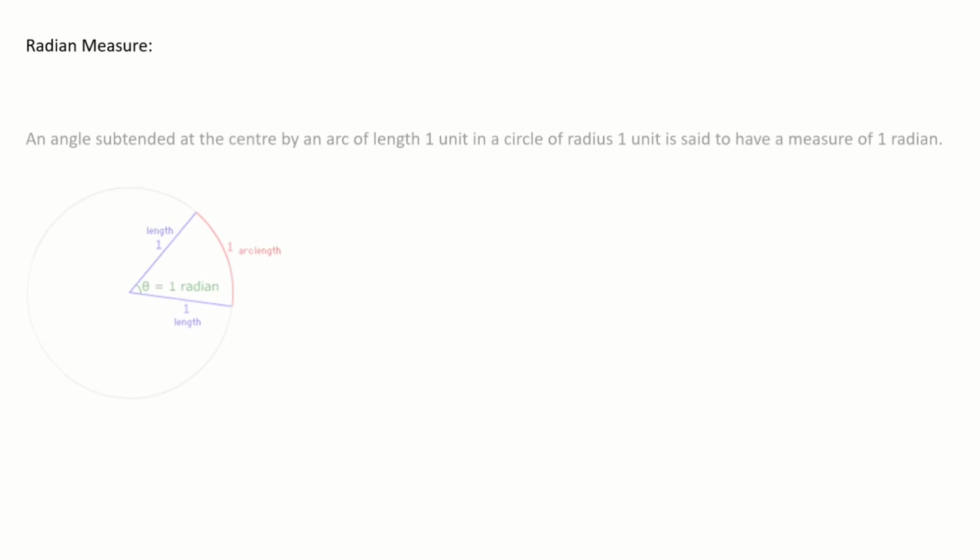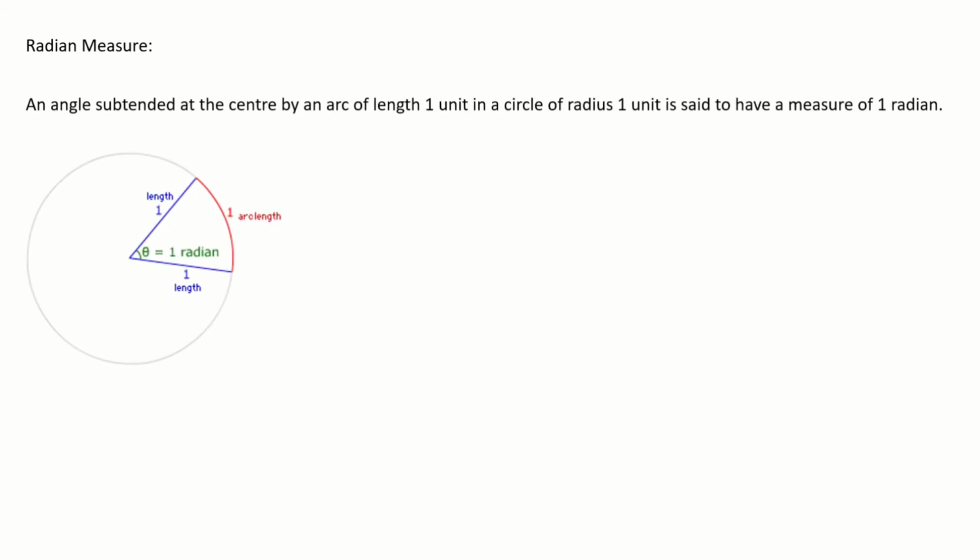Radian measure. An angle subtended at the center by an arc of length 1 unit in a circle of radius 1 unit is said to have a measure of 1 radian. We know that the circumference of the circle is 2 pi r, where r is the radius. If the radius is 1 unit, then the circumference of the circle is equal to 2 pi.